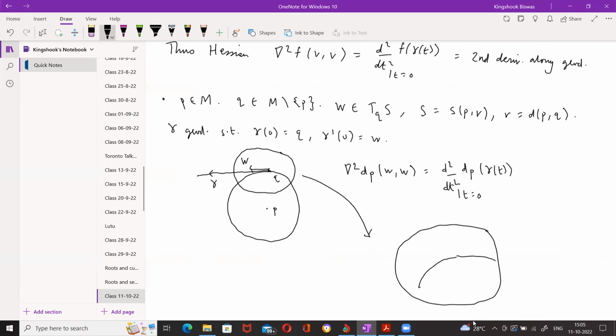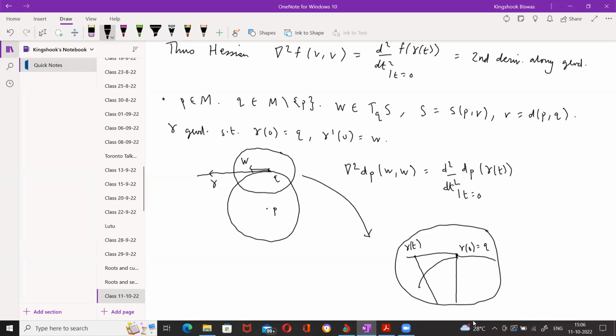And here is the geodesic, which is going like this. And I'm looking at the distance. So this is the geodesic going to Q, and this is the geodesic going to gamma t. This point is gamma t, and this point is gamma 0, which is Q.